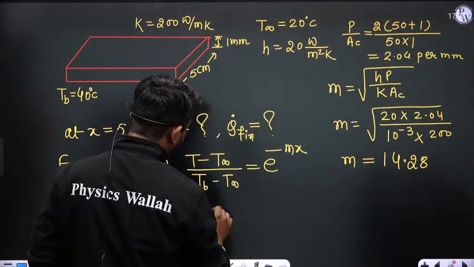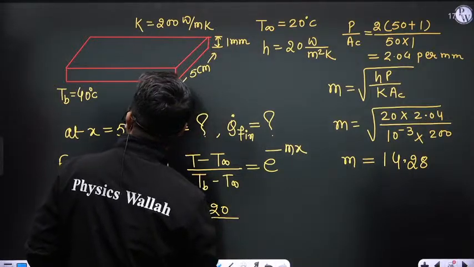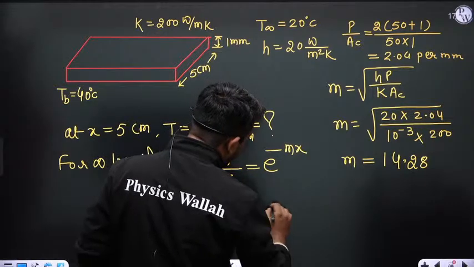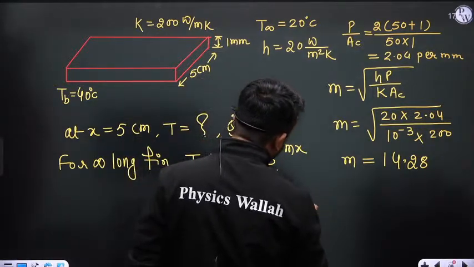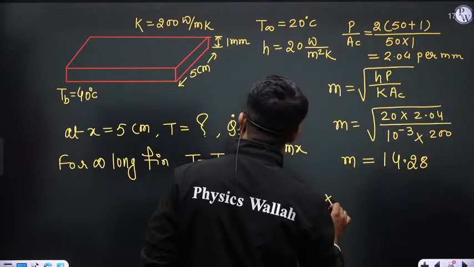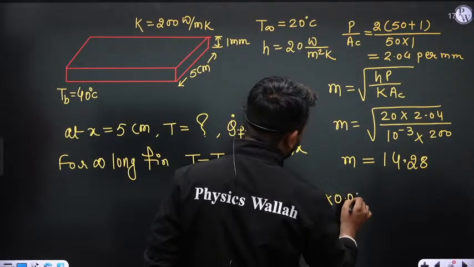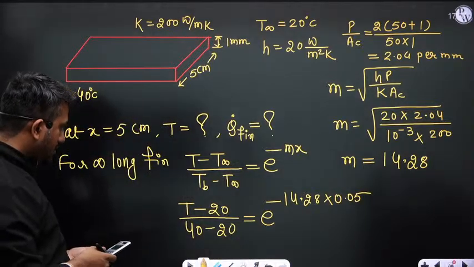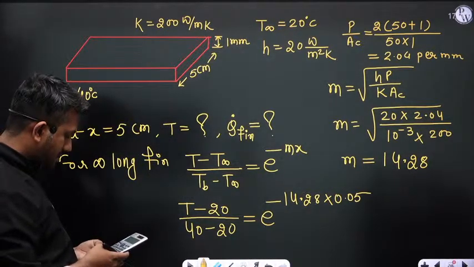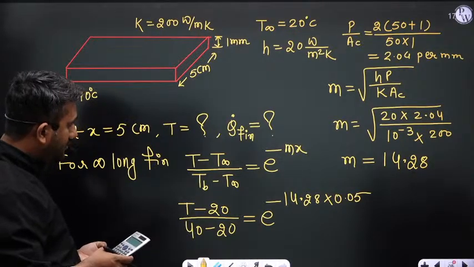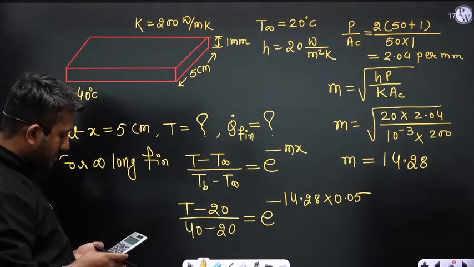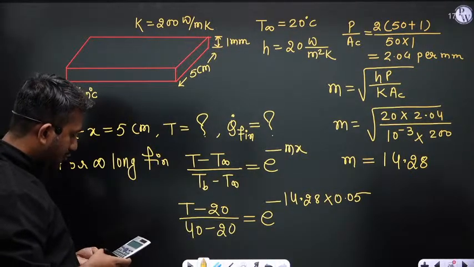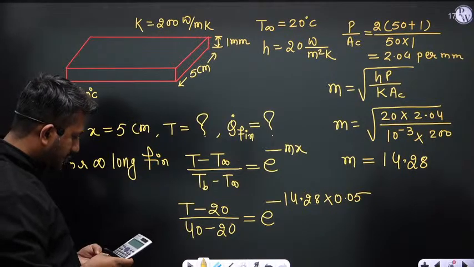Now see, T infinity is 20. Base temperature is 40. So T is equal to (40 minus 20) e to the power minus (14.28 into x, 0.05), plus 20.